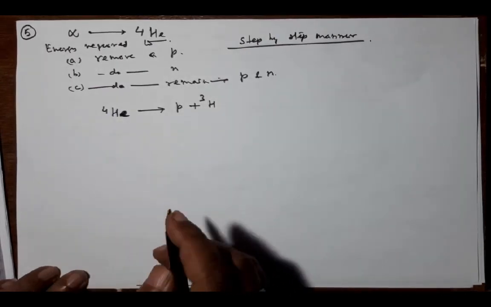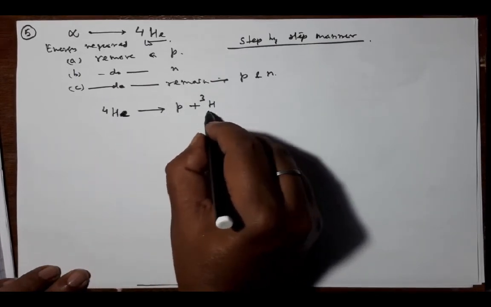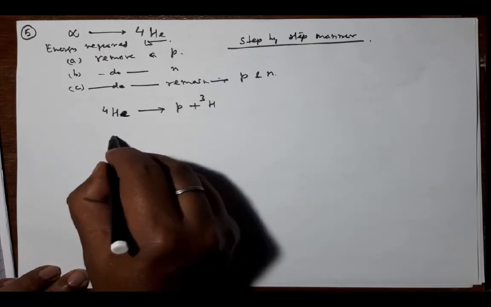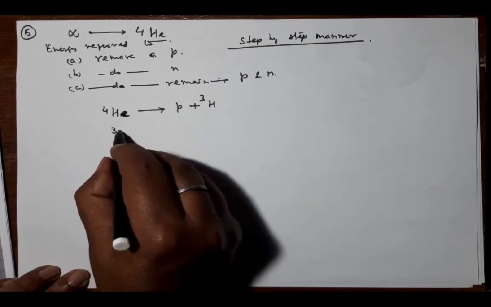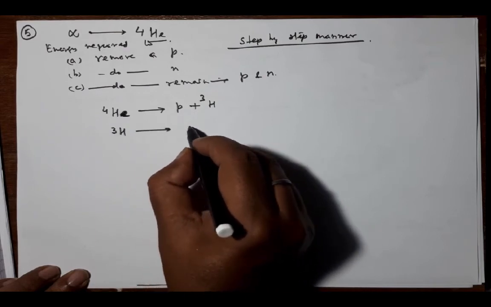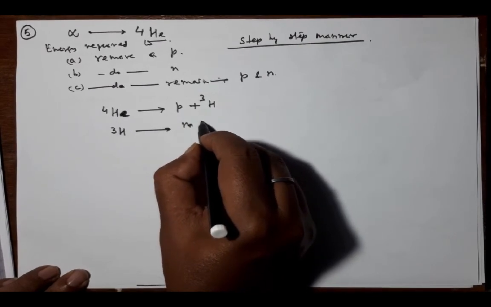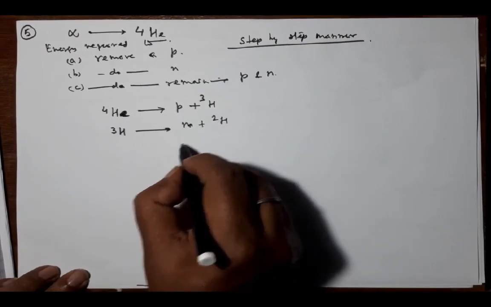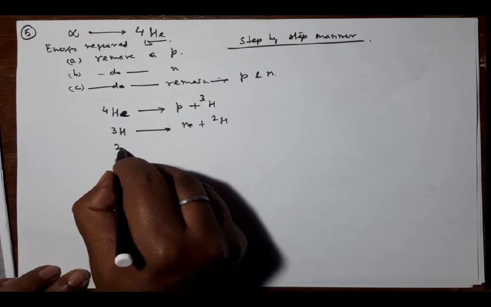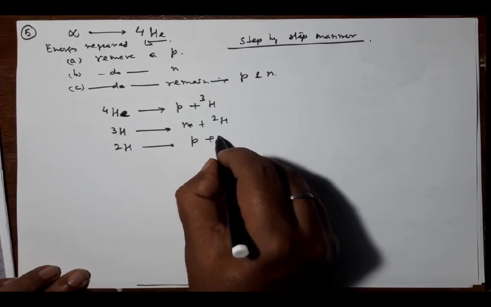Then from this now you have to remove one neutron, then neutron plus 2H, and from this what is remaining is proton plus neutron.